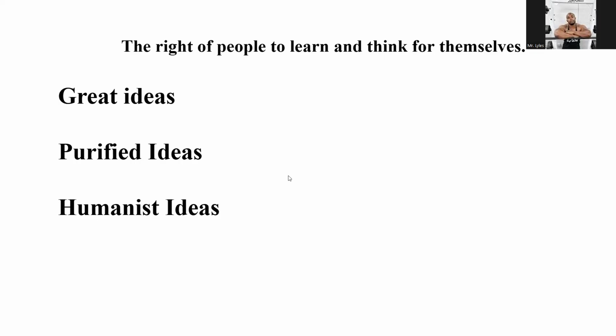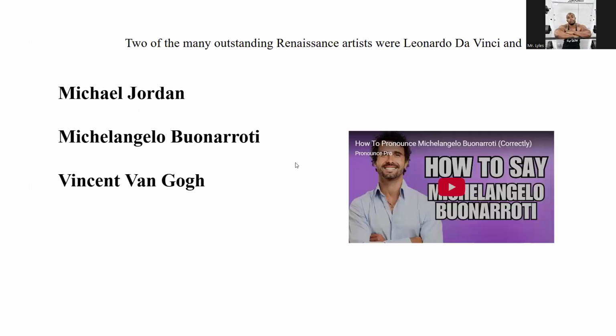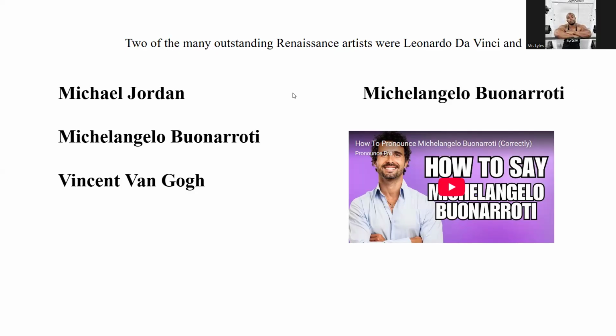Humanist ideas. Two of the many outstanding Renaissance artists were Leonardo da Vinci and who? Michelangelo. And the answer was right there in the video. Michelangelo B.